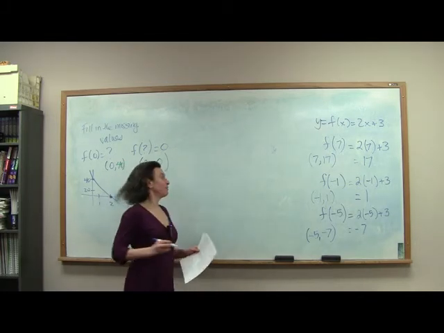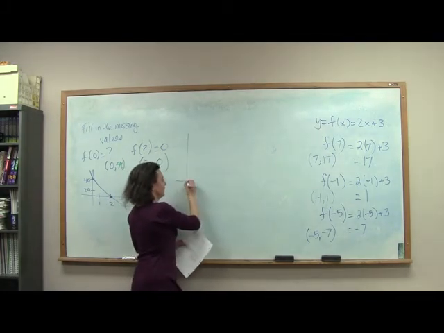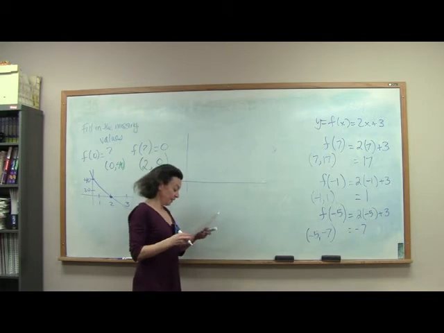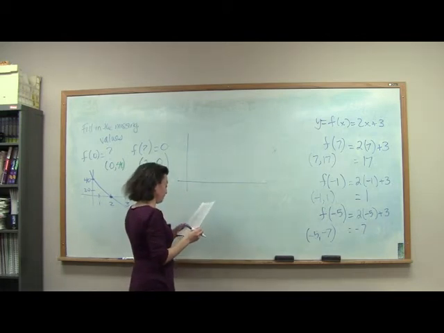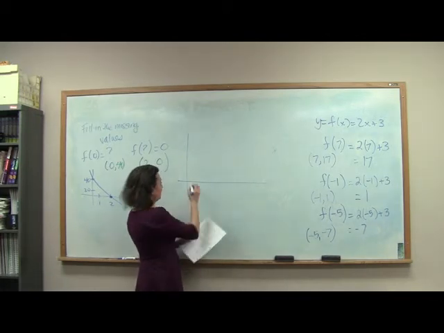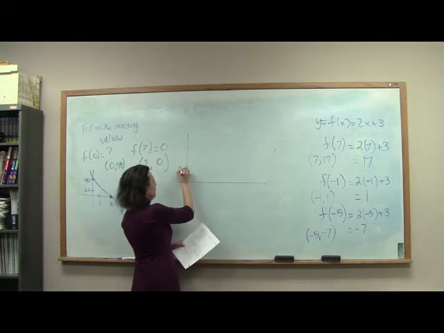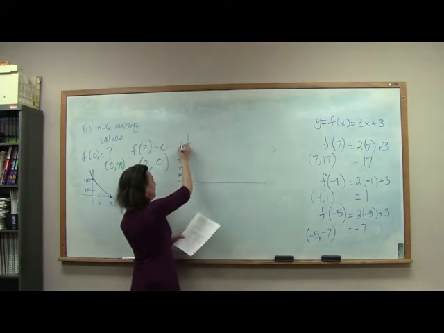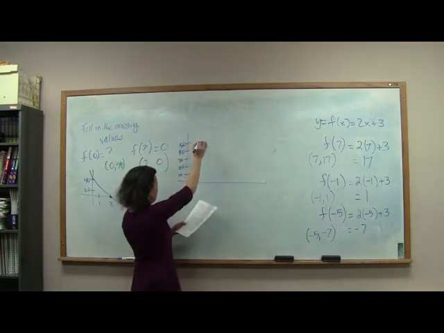I'm going to draw a graph. Not a very good artist on the board, but I do the best I can. And first, let me explain. Well, first I'll draw it, and then I'll explain what everything means.